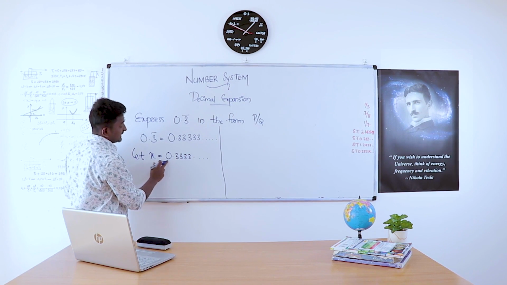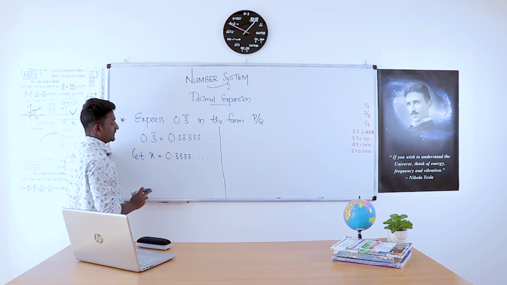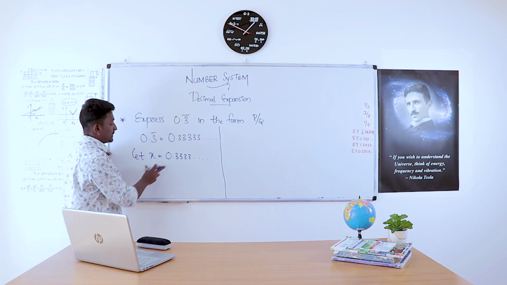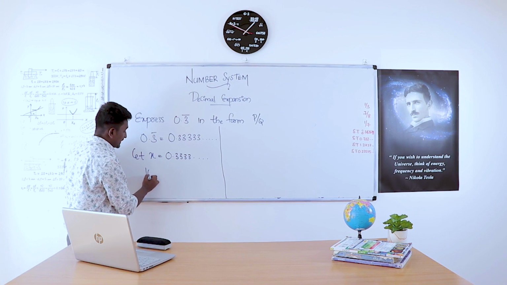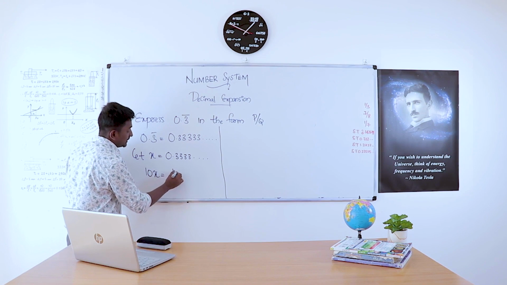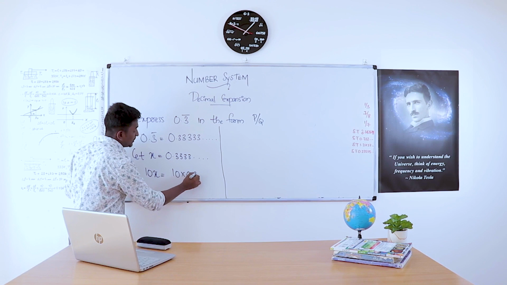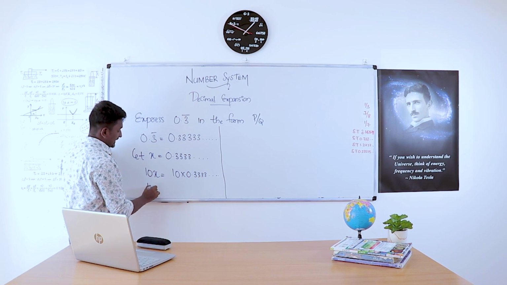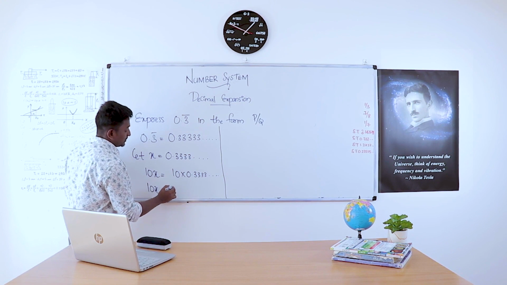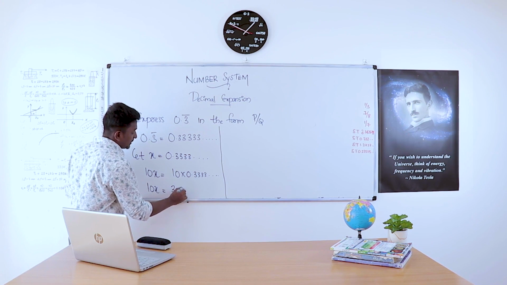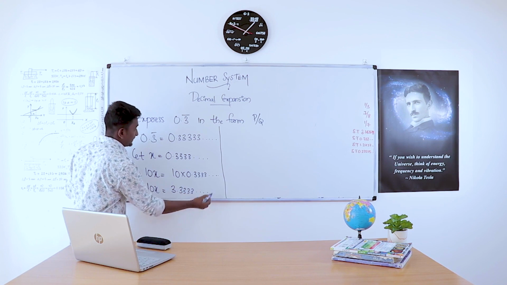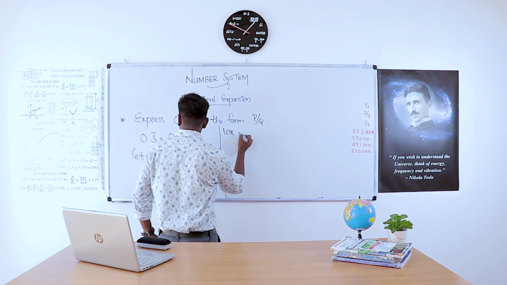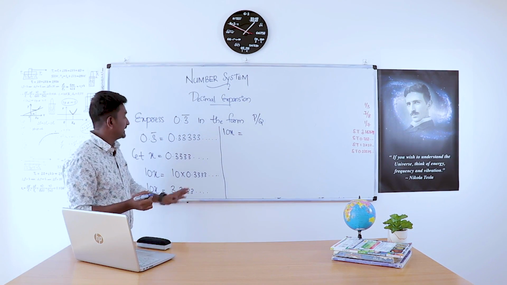Here x is equal to 0.33333, etc. Therefore, I am going to multiply both sides with 10. Therefore, 10x is equal to 10 into 0.33333, etc., which becomes 3.33333, etc.